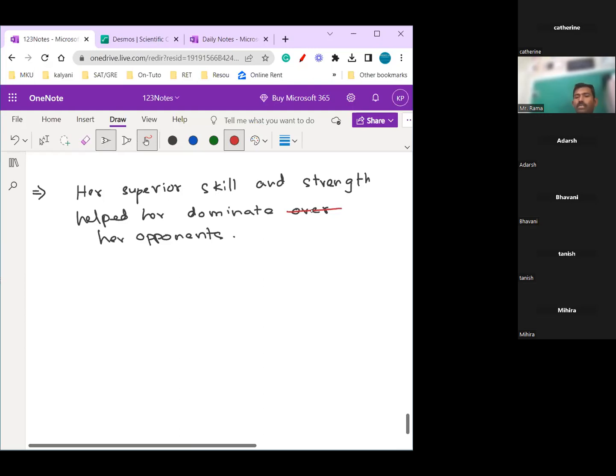That's totally good. We don't need that "over" there. This is redundant. Those are the things you have to eliminate when you come to the writing test. Okay, that's good. Let's see what else.